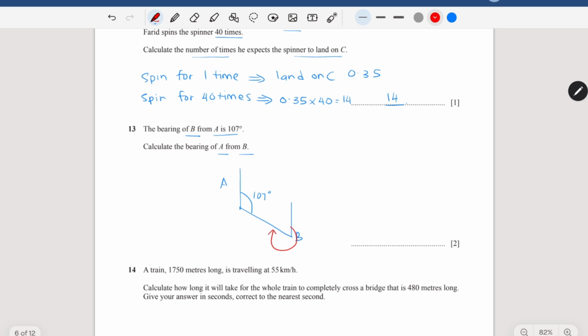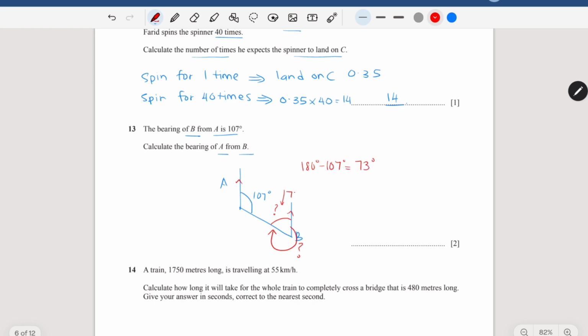Remember, the bearing will always move in a clockwise direction. So, if you want to find this angle over here, you need to know this angle first. What is this angle? If you see, these two lines are parallel. So, to find this angle, 180 minus 107 equals 73.